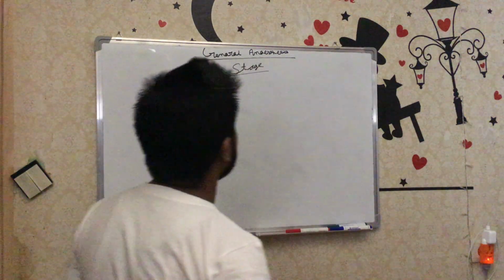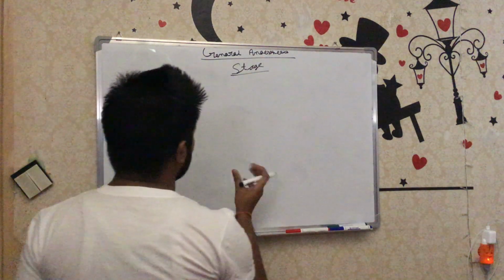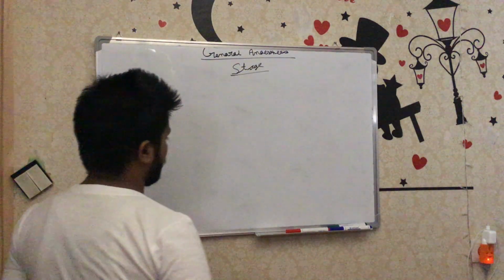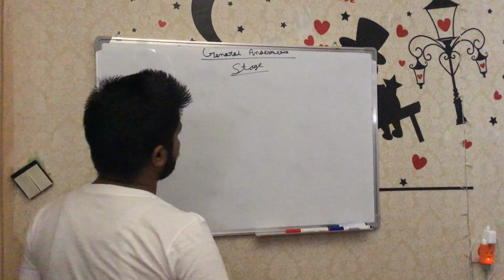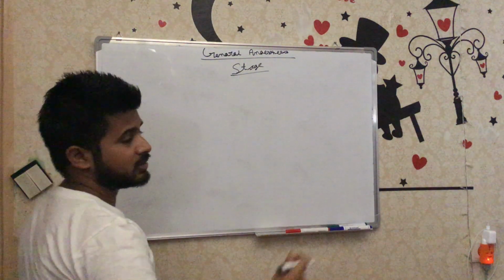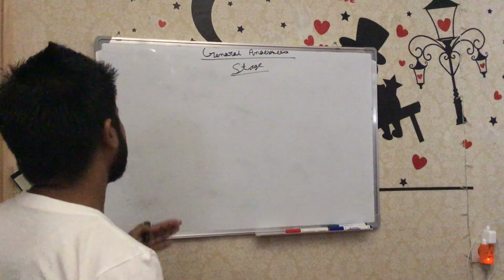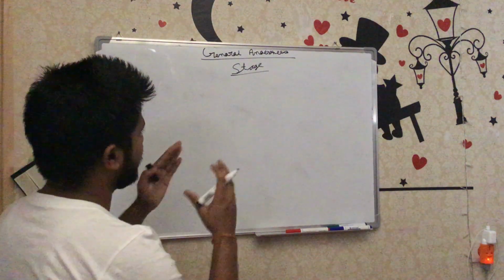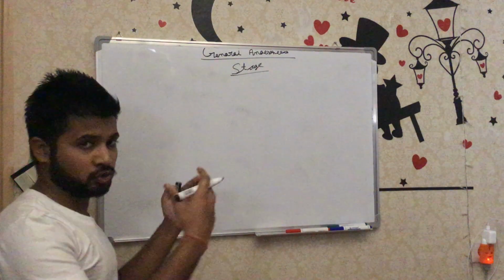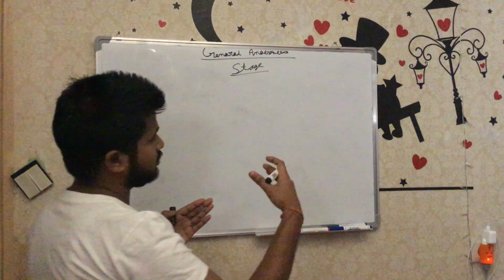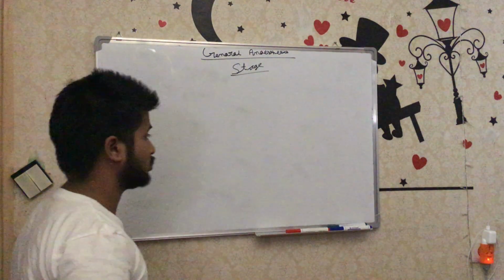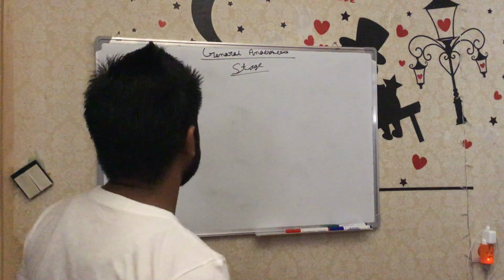Depth of the stages means the degree of the anesthetic drug and the degree of the anesthesia which depress the CNS, whatever amount you inject or apply to the patient, and how much the CNS becomes depressed. So that is the depth of the anesthesia.